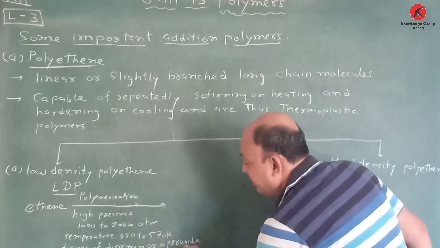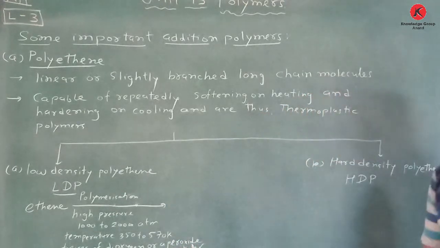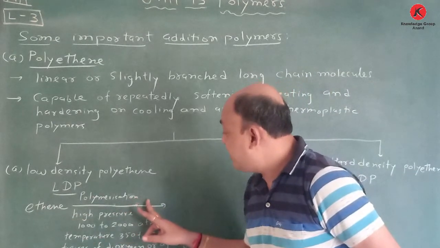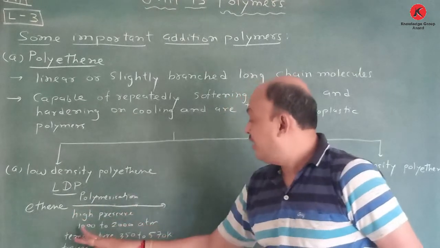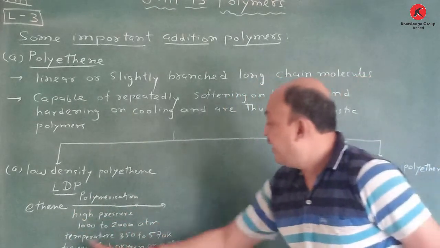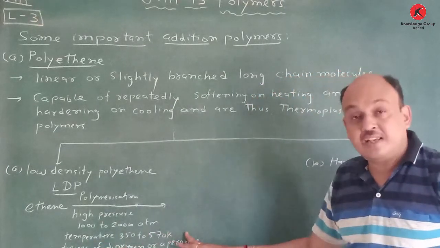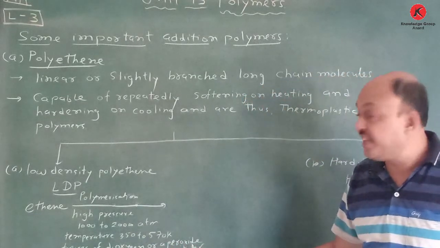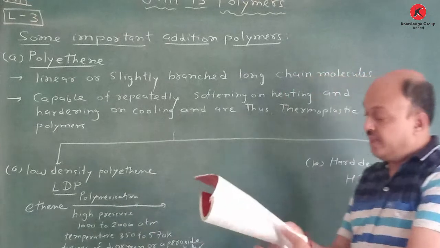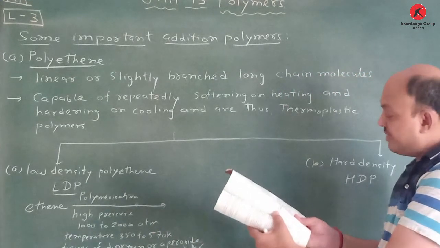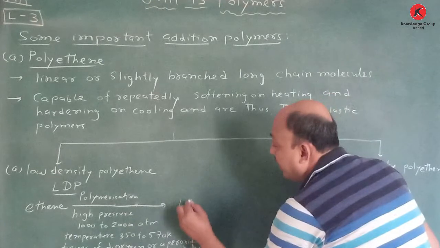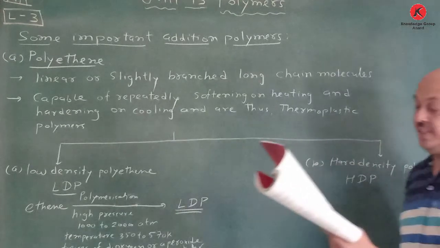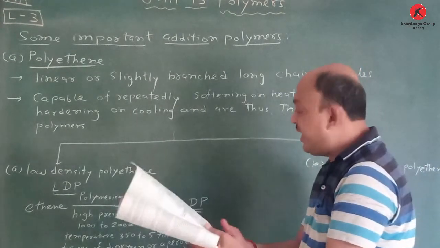So this sentence says that ethene, when it undergoes polymerization reaction at higher pressure 1000 to 2000 atmosphere and temperature 350 to 570 Kelvin, and in presence of traces of dioxygen or a peroxide as an initiator, is converted into, we can say, low density polythene. Remember, low density polythene is obtained through the free radical addition.